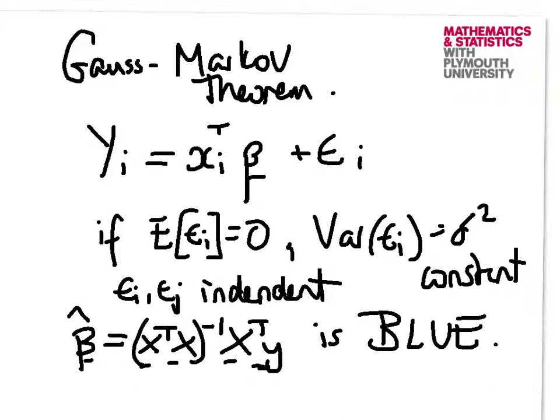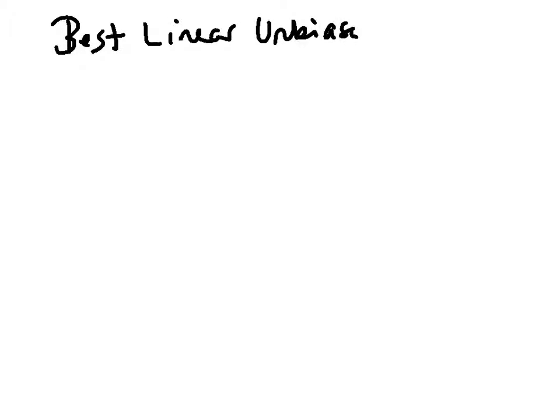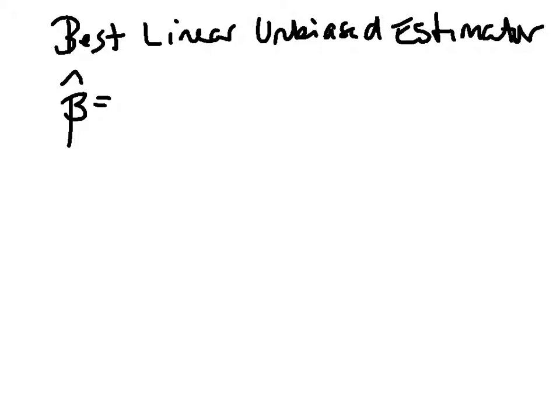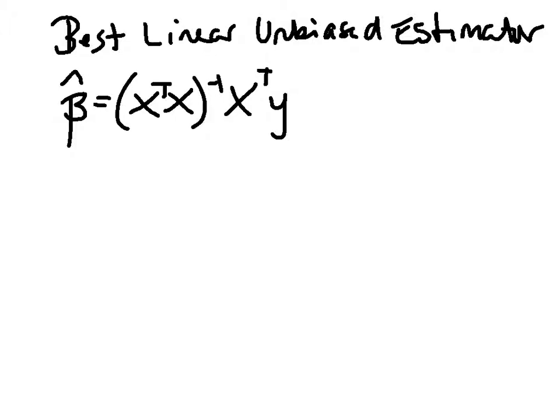Well, the first thing we're saying, we can explain quite simply, is the L in BLUE. So we're talking about best linear unbiased estimator. So we said beta hat is equal to (X^T X) inverse X^T y, and for the model we specified, these are fixed data points.